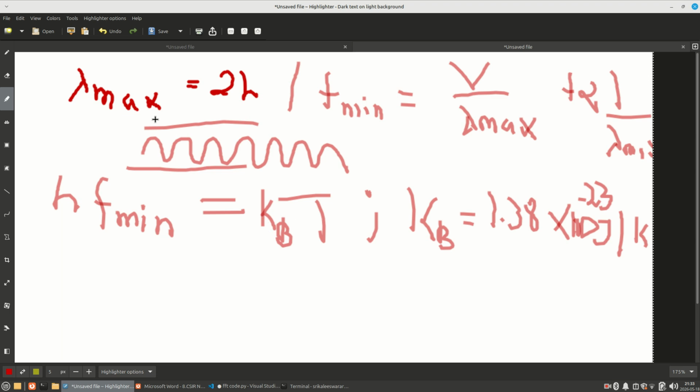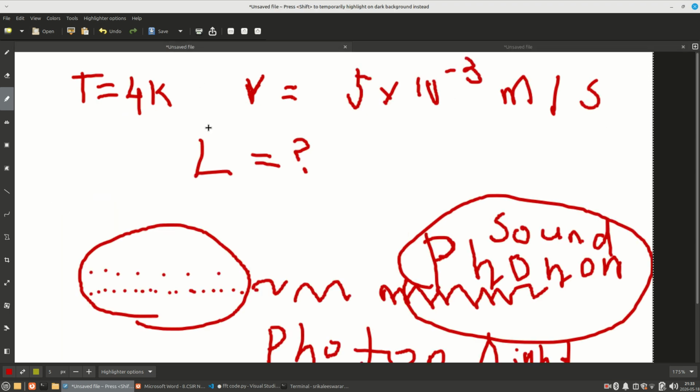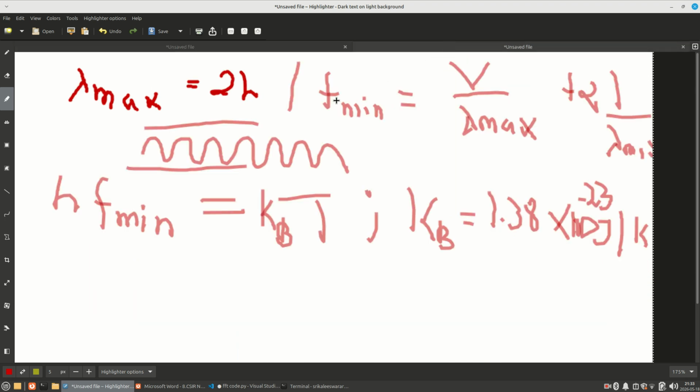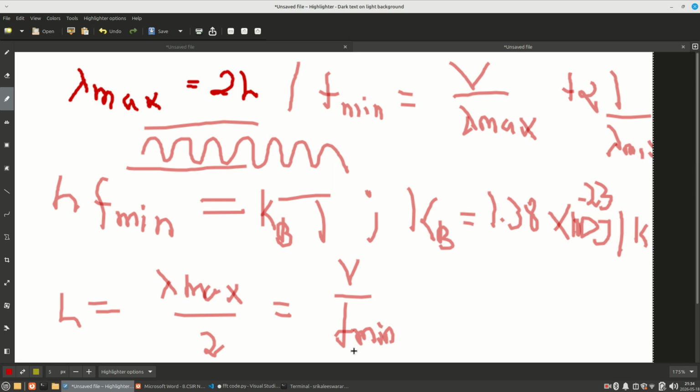From here also we can find the formula for L. What is L? L is lambda max divided by 2. What is lambda max? Here you can find it: V by F minimum, divided by 2.